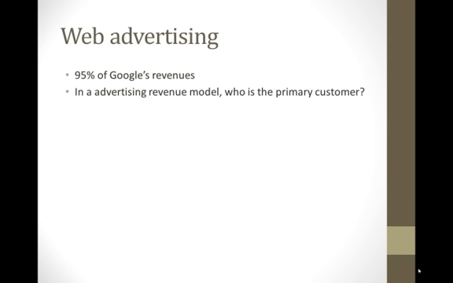I haven't paid Google a dime. So who's doing it? It's the people who are buying the advertising. That's Google's primary customer, and that's who they're really trying to tap into. Now, that being said, in order to sell the advertising, you need to have a secondary customer, who is the user using the search engine.